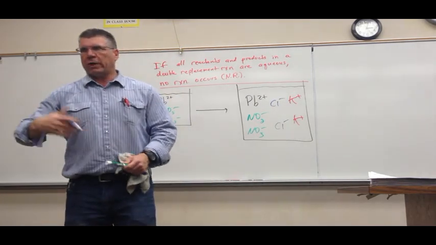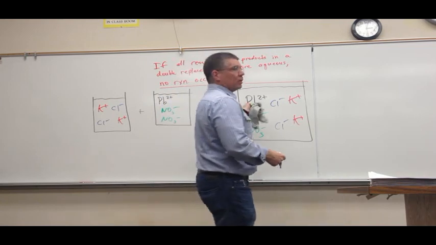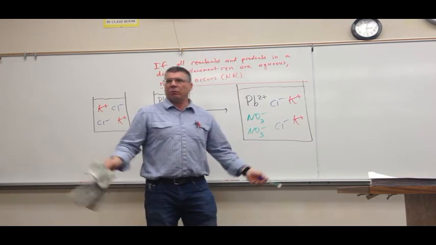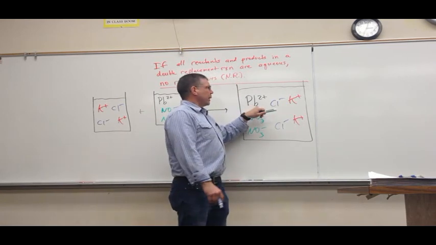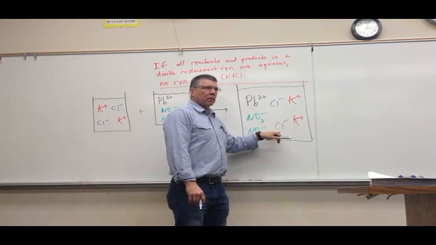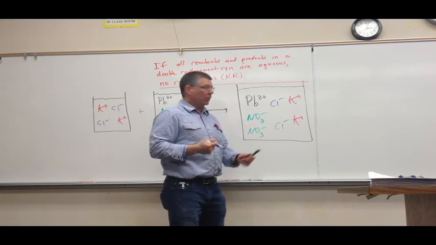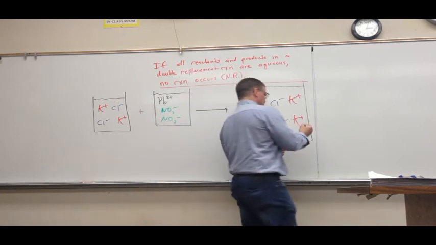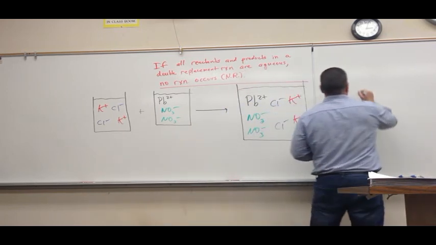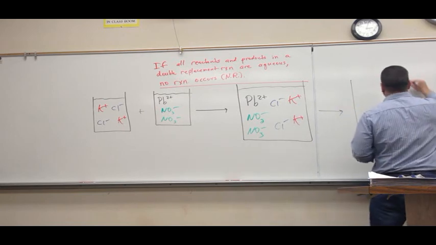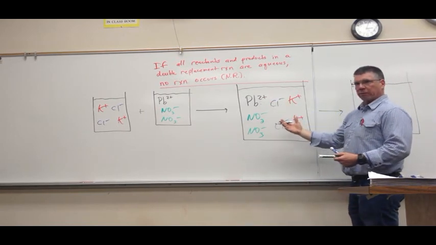In solution, these ions are constantly in motion, and there's lots of them, like 10 to the 23rd, something on that order. Whenever a lead ion bumps into a chloride ion, it grabs it. It doesn't let it go. And it grabs the second one too. It looks instantaneous. Right away, we start getting this solid, the lead 2 chloride forming.